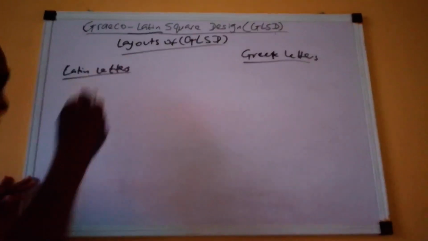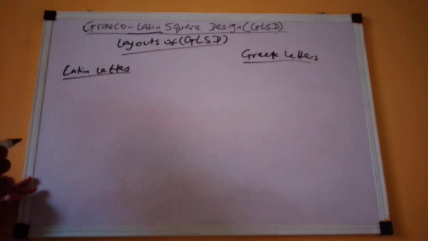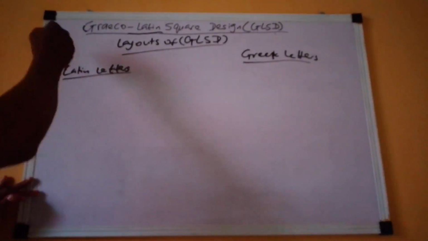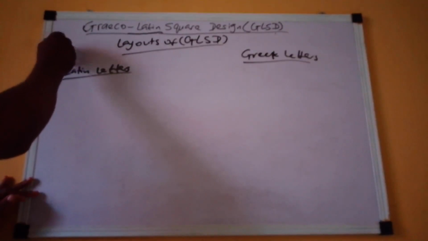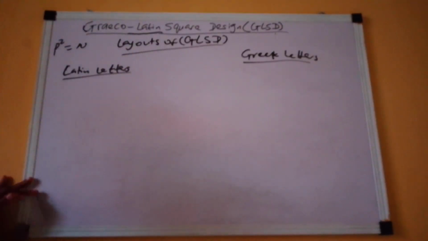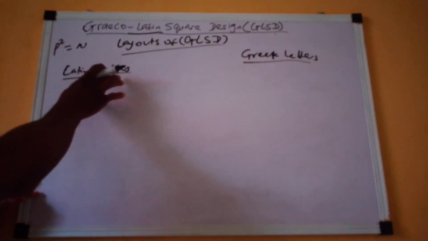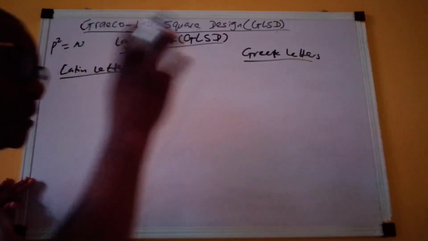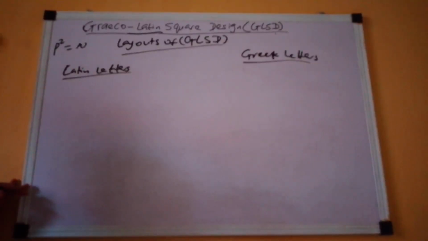Note the Greco-Latin square design is a square. So P squared is equal to N, the number of observations. The Latin letters will form a square, the rows will form a square, the columns will form a square, and the Greek letters will also form a square.